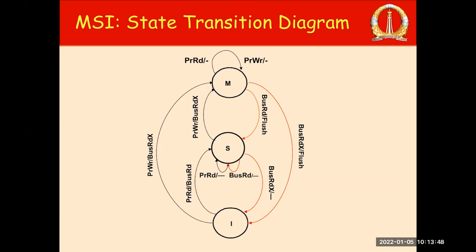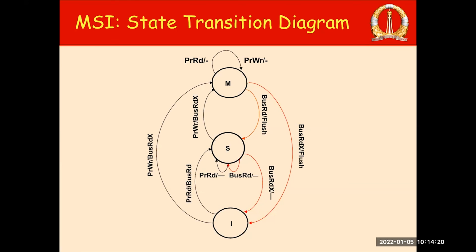That it has the latest copy of that particular block, and only it has the latest copy. Nobody else has the latest copy, not even the memory. So what does flush mean here? When I evict this, or when I go from the modified to invalid state, I have to write back the value into the memory. The modified value has to be given to the memory, it is flushed to the memory.